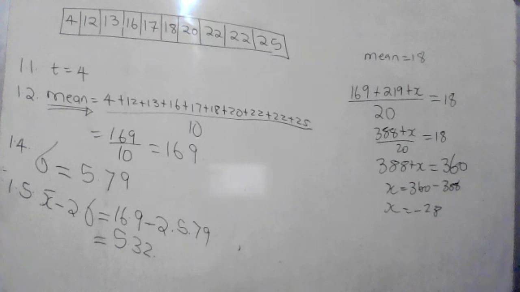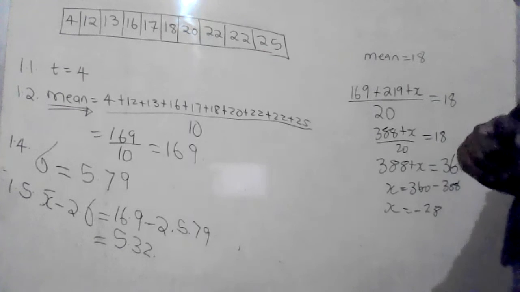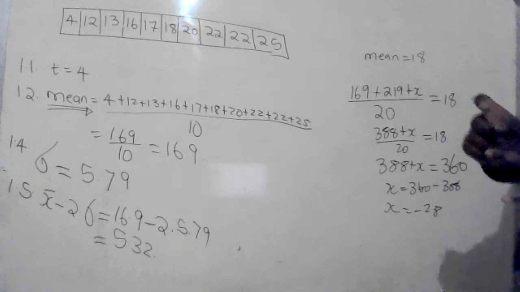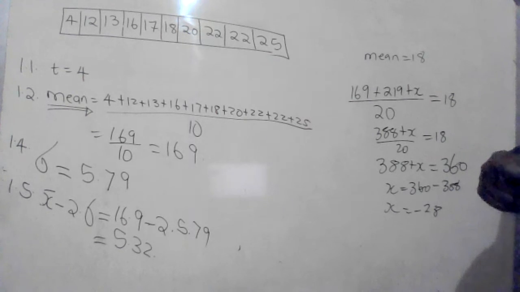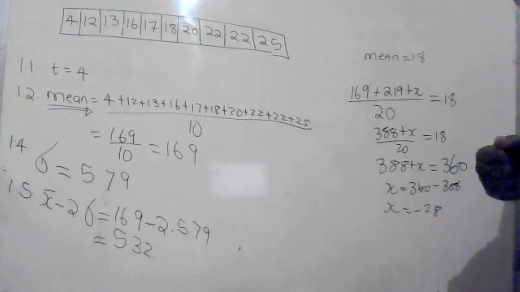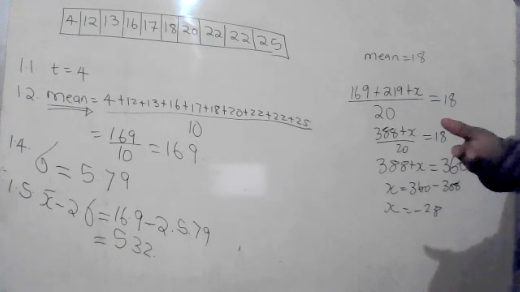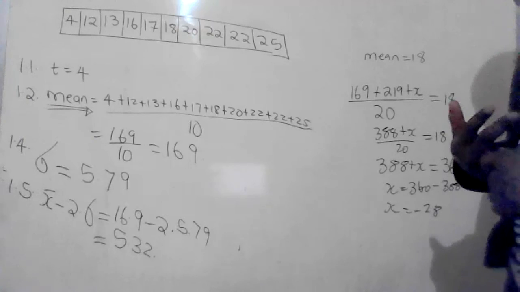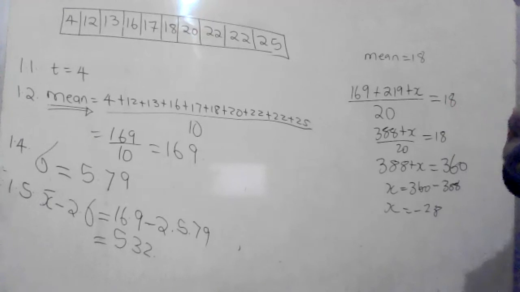The test will cover how to find the median, how to find the mode, how to find the 5-number summary, which is the minimum, lower quartile, median, upper quartile, and maximum, how to find the range, and also how to find the interquartile range.